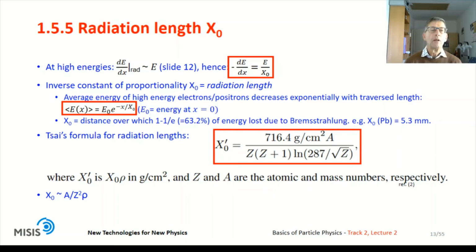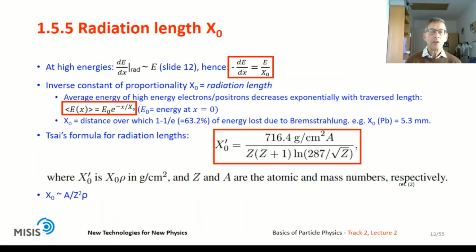And so what we saw in the previous picture is that dE/dx radiative is proportional to E. And the inverse constant of proportionality is called the radiation length. It is x0.